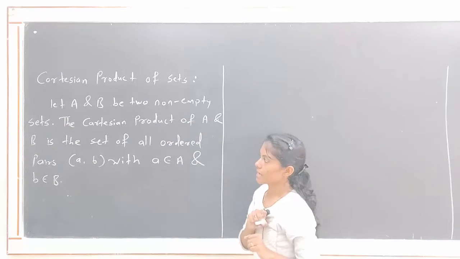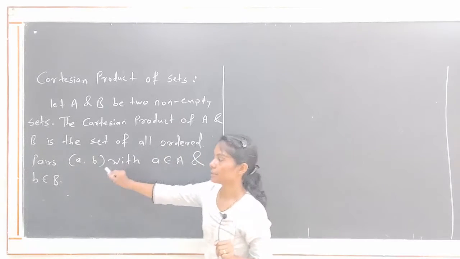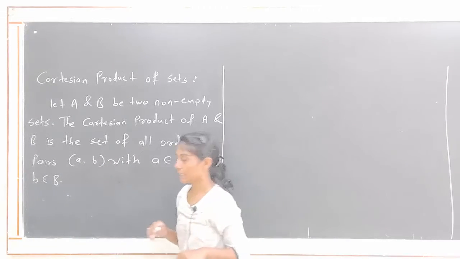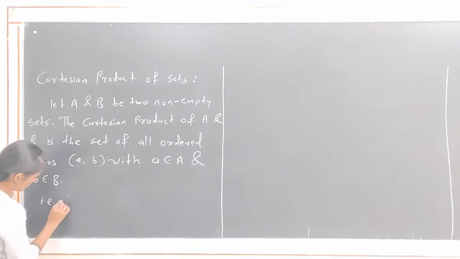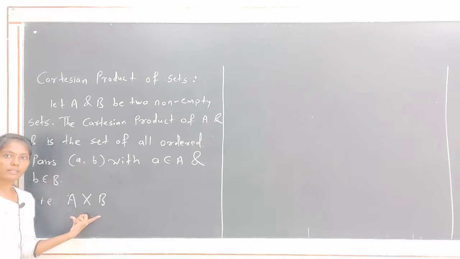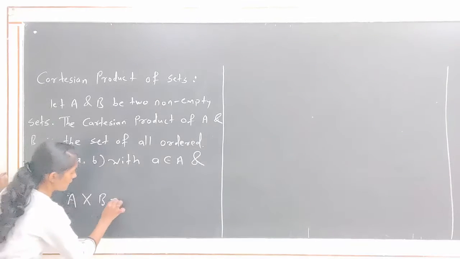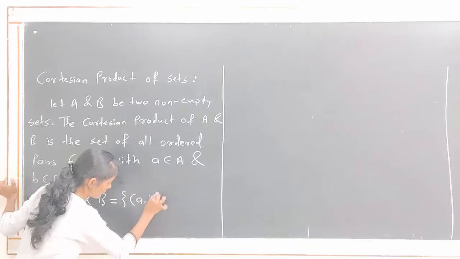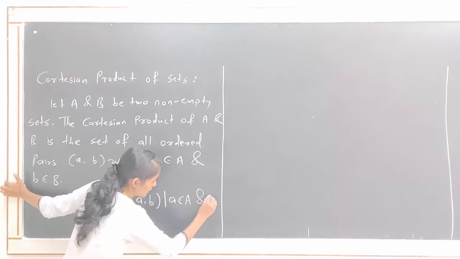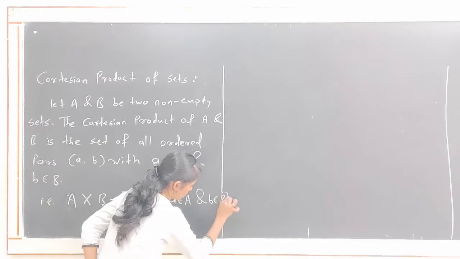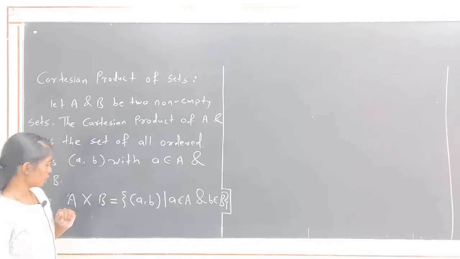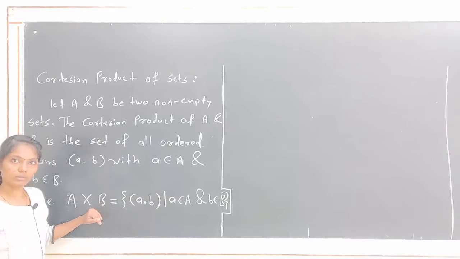So the Cartesian product of A and B is the set of all ordered pairs (a, b) with a belongs to set A and b belongs to set B. That is A cross B. So the Cartesian product is denoted by A cross B, whose elements are of the form ordered pair (a, b) with a belongs to set A and b belongs to set B. So this is called Cartesian product.